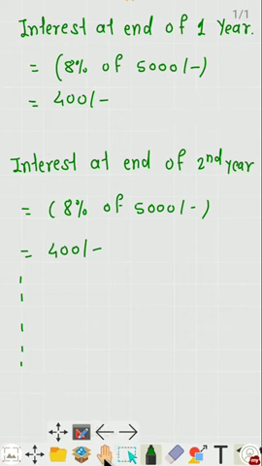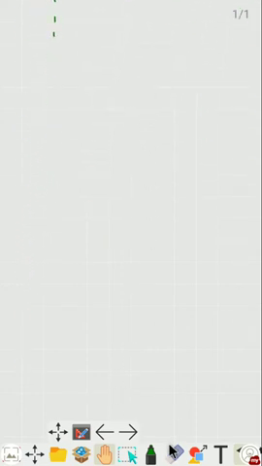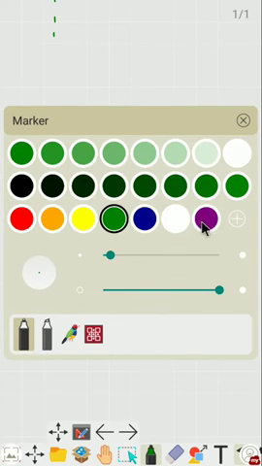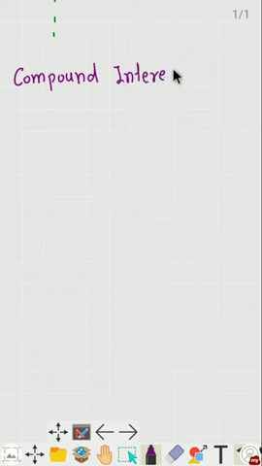So in the second case, we get compound interest. Let us write here: compound interest. In this case we are not collecting the interest at the end of each year, and that interest will be added into the principal.